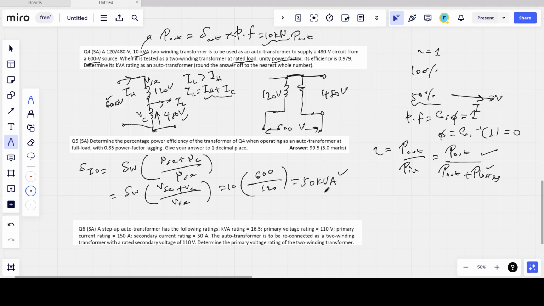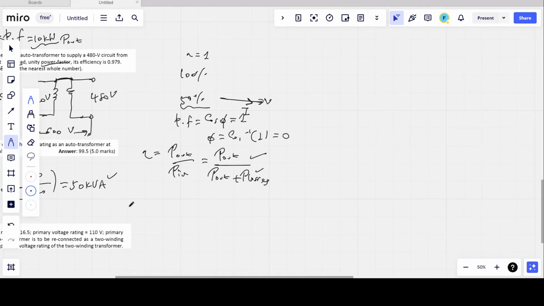So let's do that. Okay, if I have this formula, let me call it the efficiency as a two winding, so η_TW.